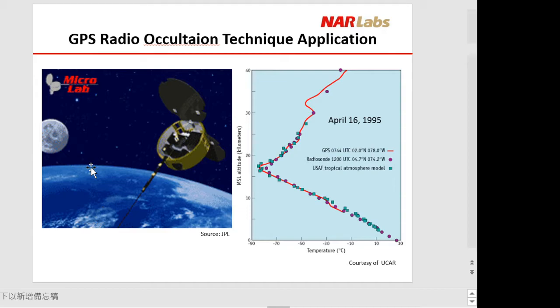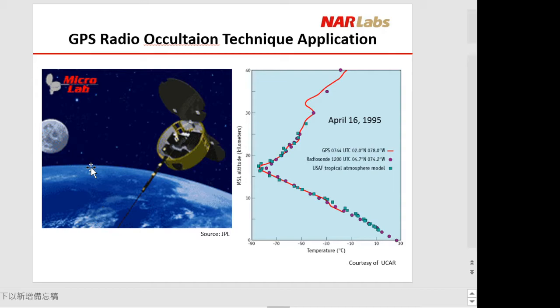In 1995, there was a payload called GPS/MET on board a UCAR satellite. It made measurements of GPS radio occultation, and you can see the plot on the right-hand side.